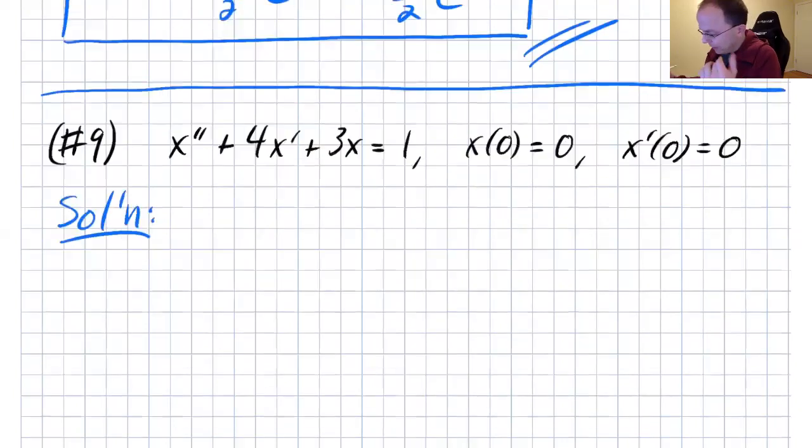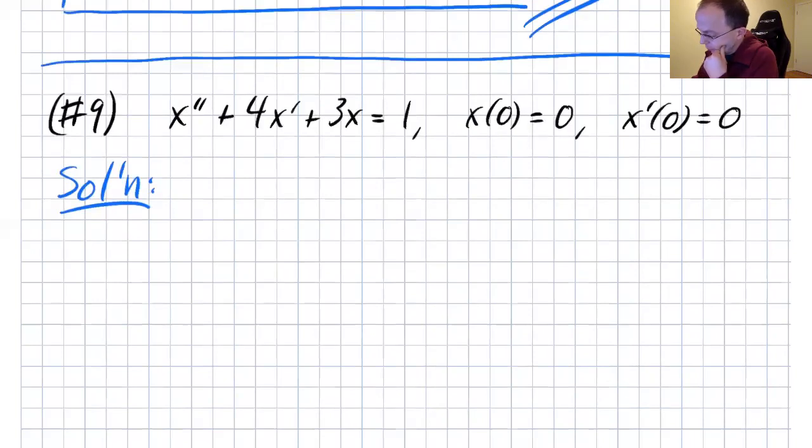So let's again do it both ways. Now this one is interesting because it's a non-homogeneous equation. So we're actually going to have to find a particular solution, and then we'll be able to solve it. So let's go ahead and do that.